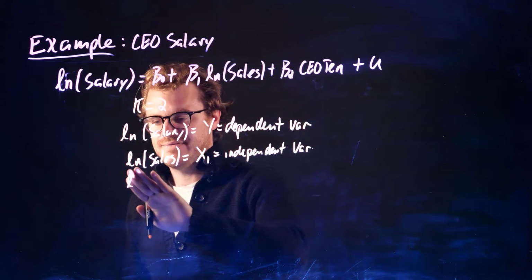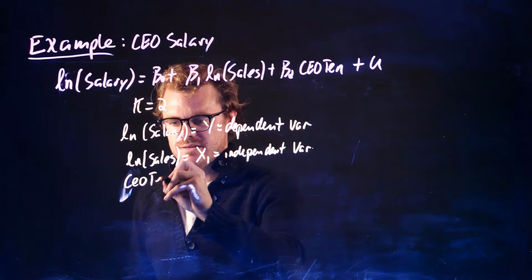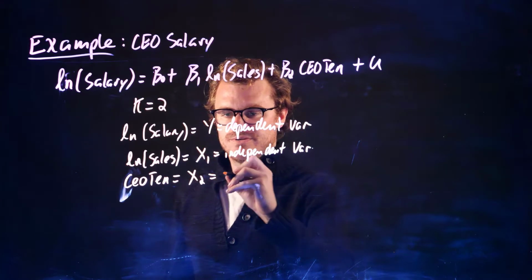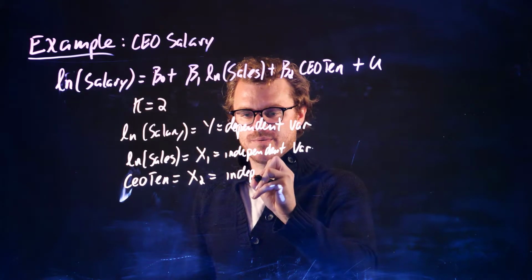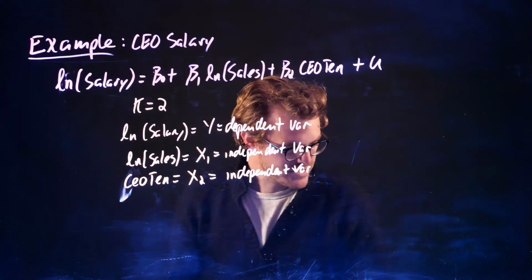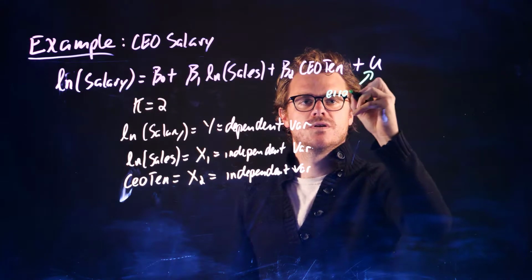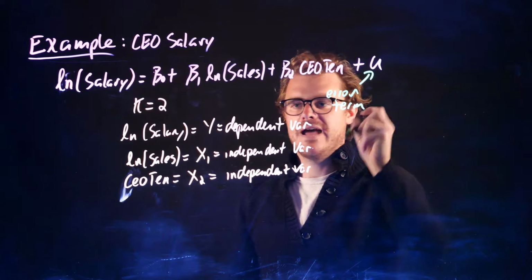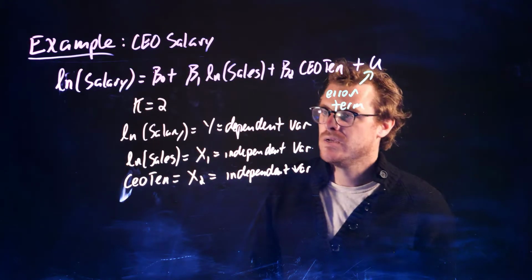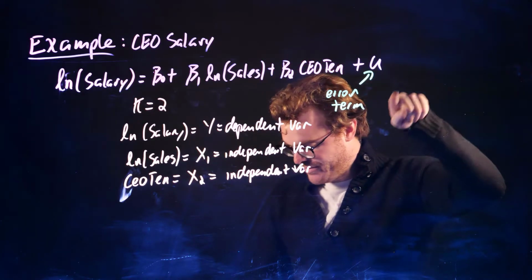And finally, we have CEO tenure, so how long the CEO has been at this company. This is our x2, and this is just another independent variable. And of course, this is our error term. And everything else that affects CEO salary, besides sales and how long they've been at this company, enters through here.